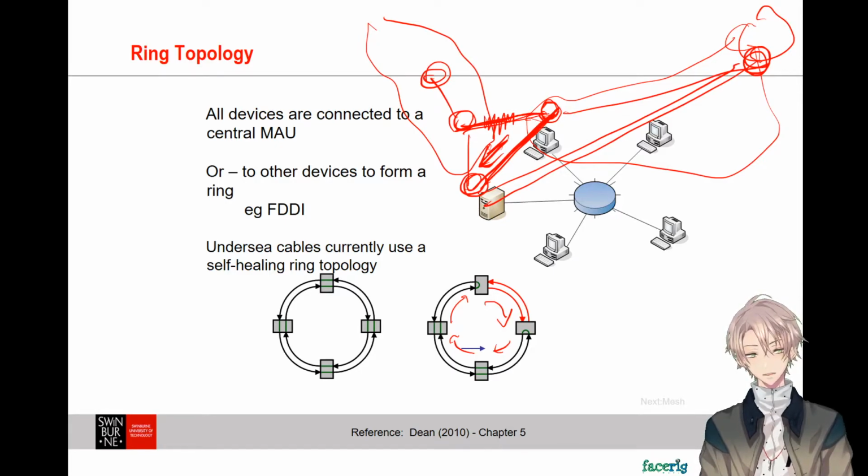For example, in the topology just now, we have two routes over here, one over here. If this device wants to communicate with this device, it can either use this route, or if this one is broken, then it can use the other route.